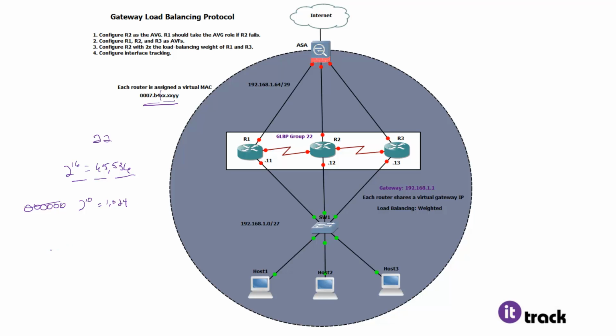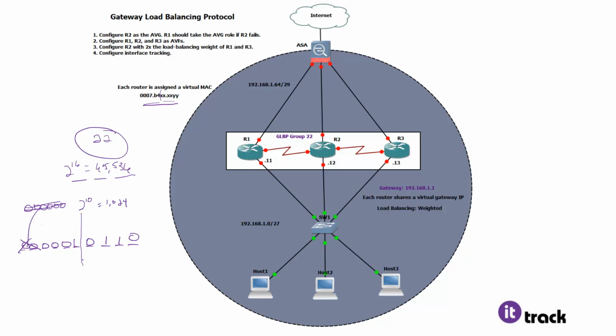So if we take 22 and we put it into hex, this is what we get. These two are kind of the continuation of this, so those are all zeros.